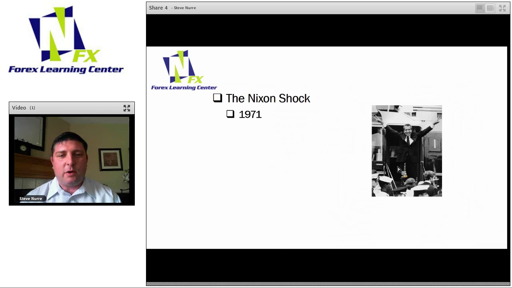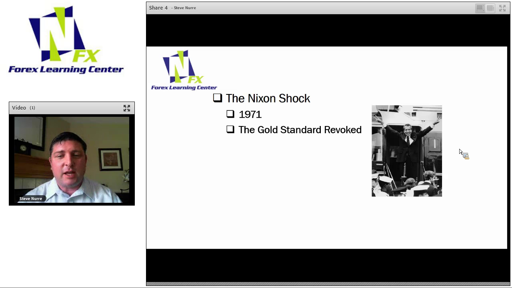In order to avoid a run on Fort Knox, if you will, because of this fixed exchange rate policy, President Nixon revoked the gold standard, meaning the US dollar was no longer fixed or convertible into gold or pegged to gold. It was now not backed by gold, would probably be a better way to phrase that.